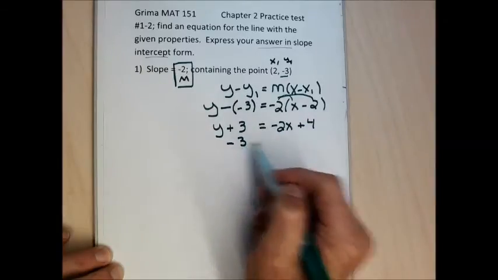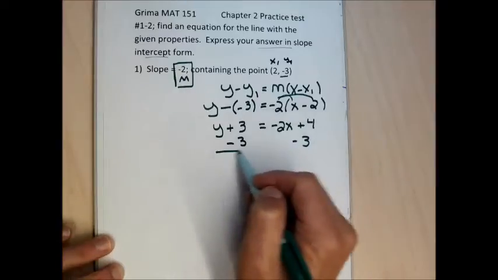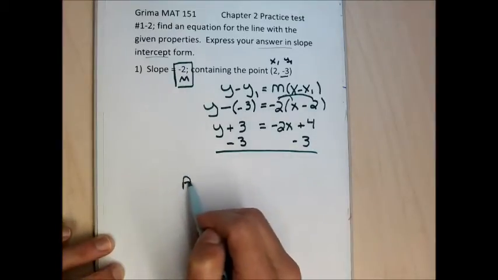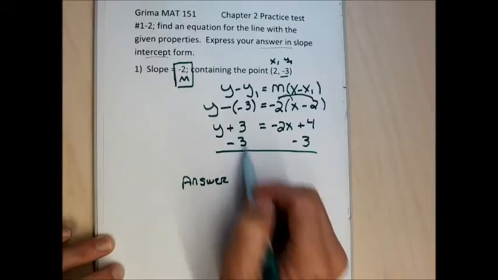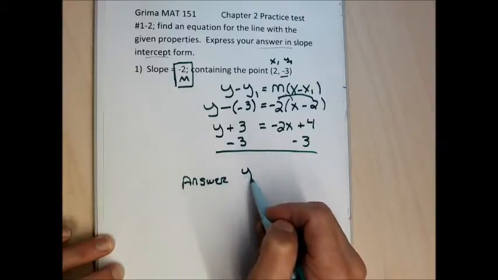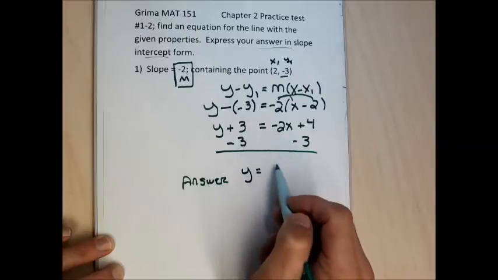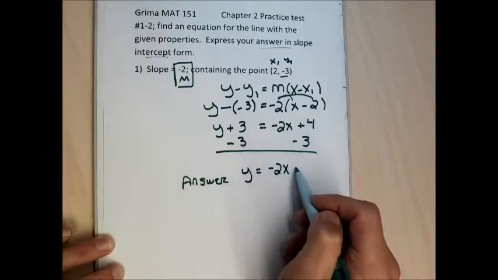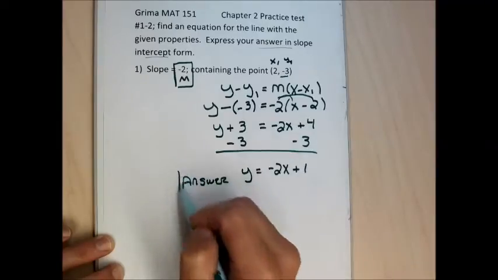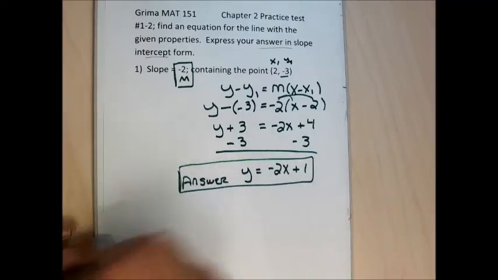To finish this problem up, I just subtract 3 from both sides. On the left side, when I subtract 3, I'm left with the y. On the right-hand side, I'm going to bring down the negative 2x. And when I do the 4 minus 3, I get positive 1. That's the best answer for problem 1.